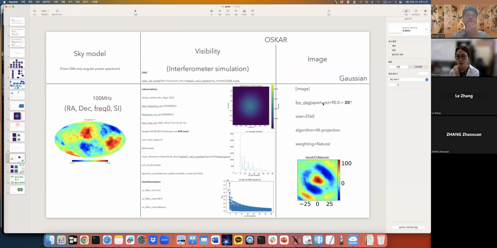Full sky maybe increases the signal to noise because of cosmic variance, but I'm still thinking the foreground residue may be much larger than the cosmic variance. Yeah, I agree.